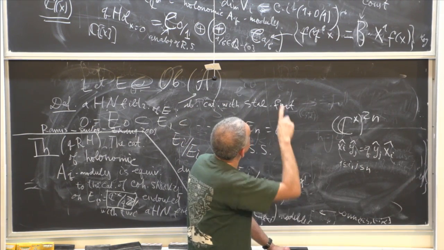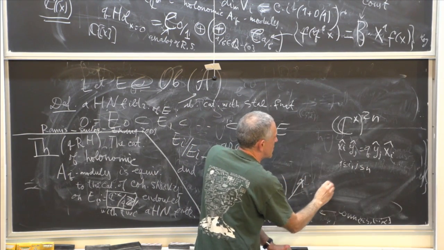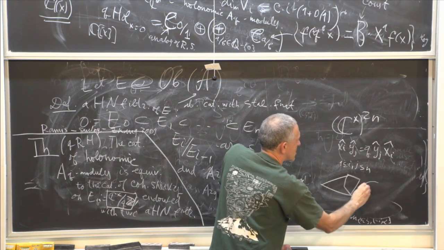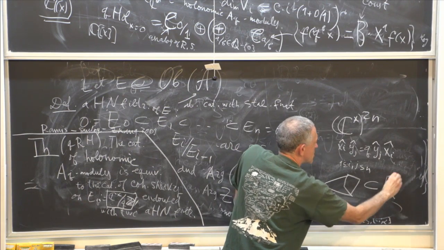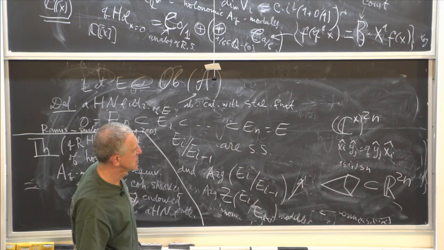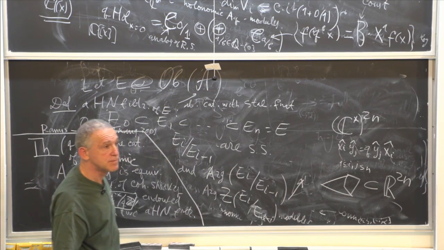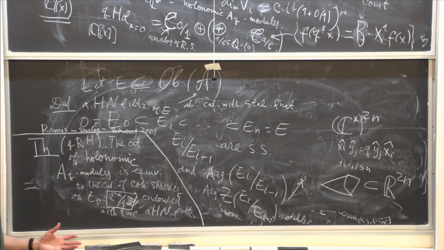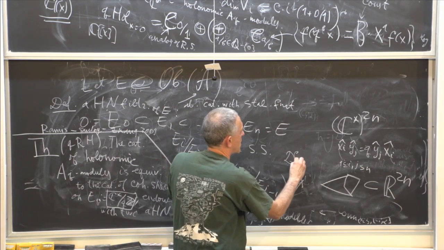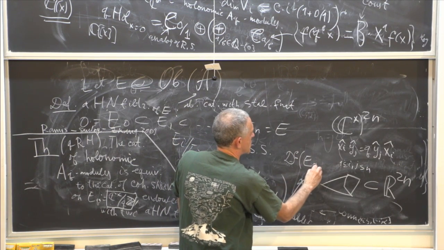Now instead of rays in R^2, we have polyhedral cones, Lagrangian polyhedral cones in R^2n. So we have a fan. Now this fan defines a T-structure in the derived category of coherent sheaves on the n-th power of this elliptic curve.